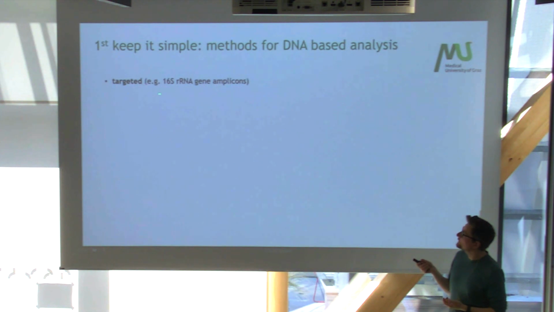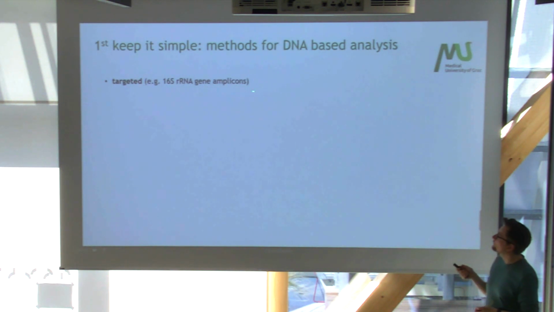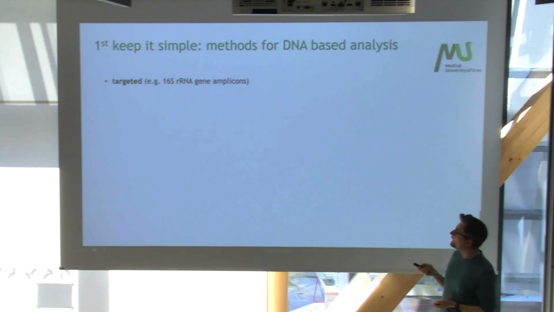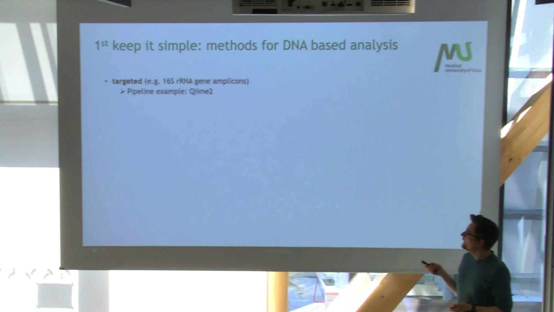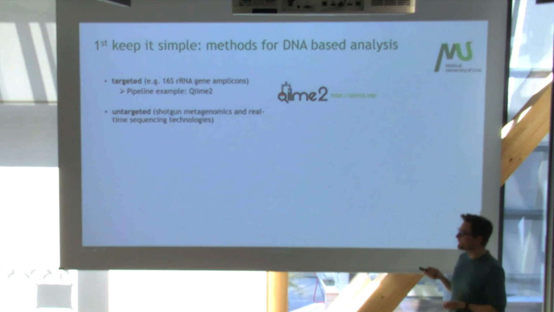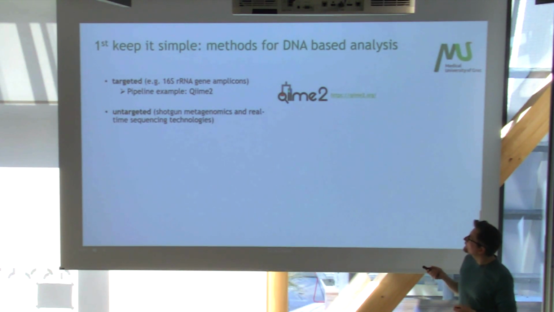One is the targeted approach. Christina Kumpic already introduced you to the 16S RNA gene, maybe. So we can do so-called amplicon analysis. These are the different programs that we use for that, so maybe not that interesting for you. Or we can do it in an untargeted approach, that would be shotgun metagenomics or real-time sequencing technologies like nanopore, for instance.